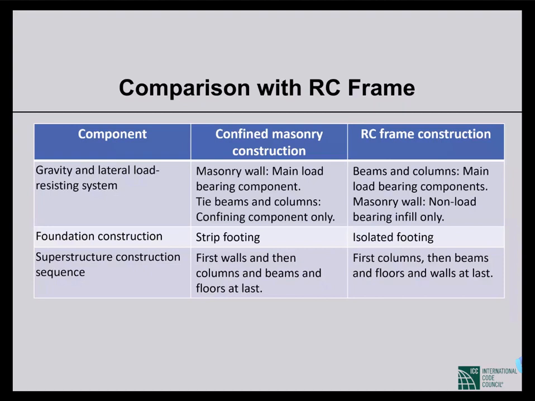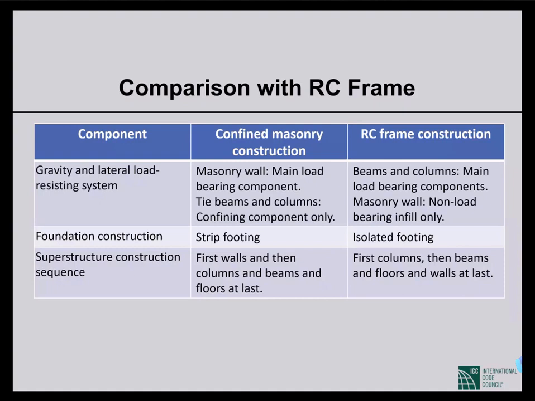For confined masonry, the beams and columns are basically confining elements. Their main purpose is not to carry the gravity or lateral load, but to help the masonry wall to carry that load by confining the masonry wall. The beams are called tie beams and the columns are confining vertical members.